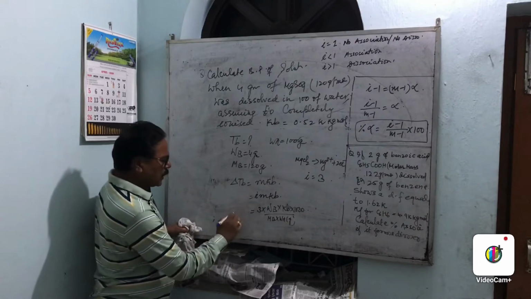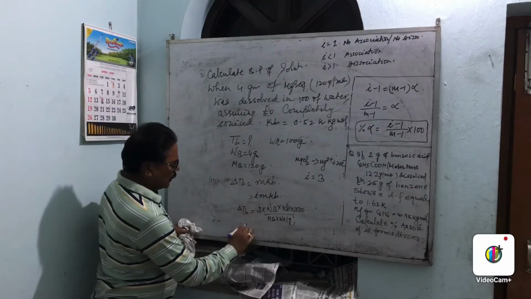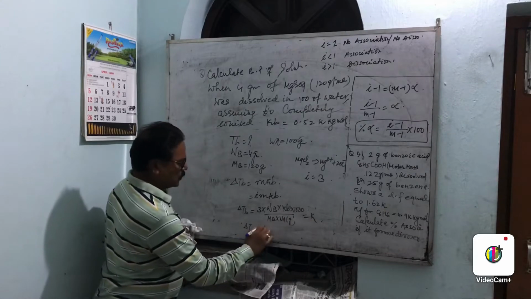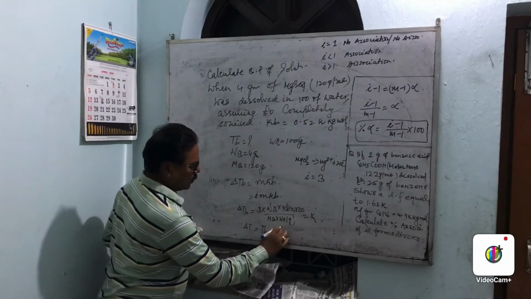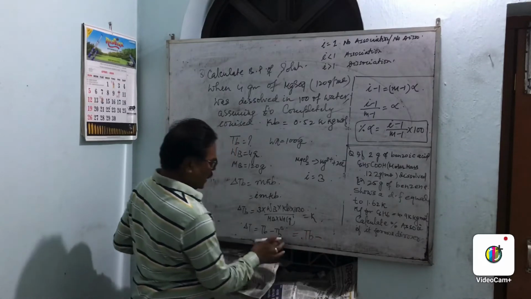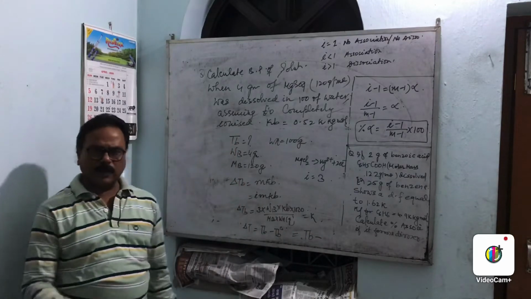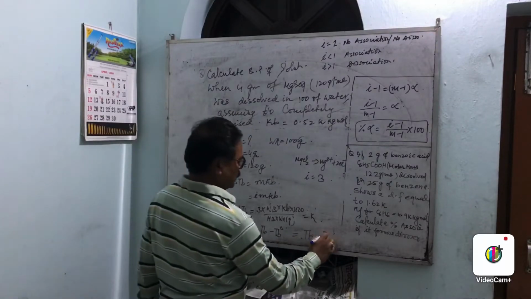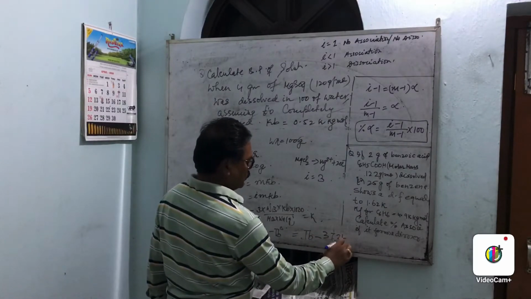So we calculate delta Tb, and it is in Kelvin. Now it comes to be Tb minus Tb naught. Now what is the value of Tb? Tb we have to calculate, and the boiling point of water is 100 degrees Celsius. We add 273 in Kelvin, that is 373. So on putting this value, we can solve it.